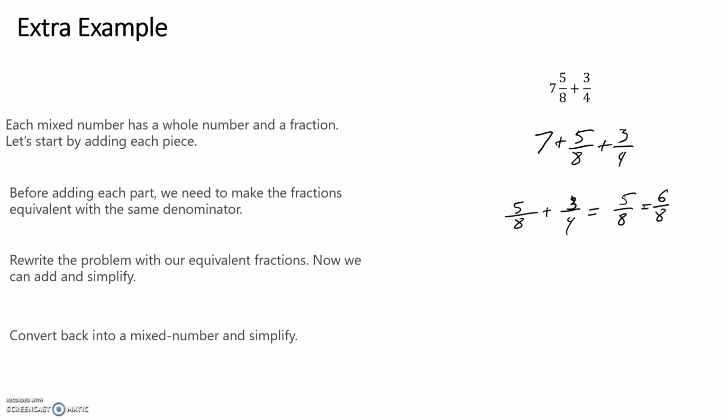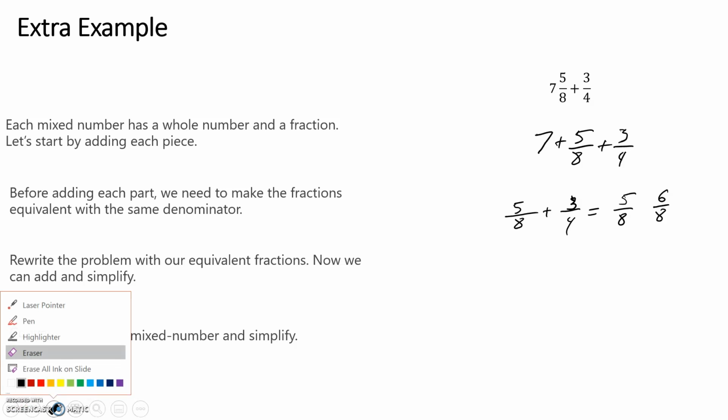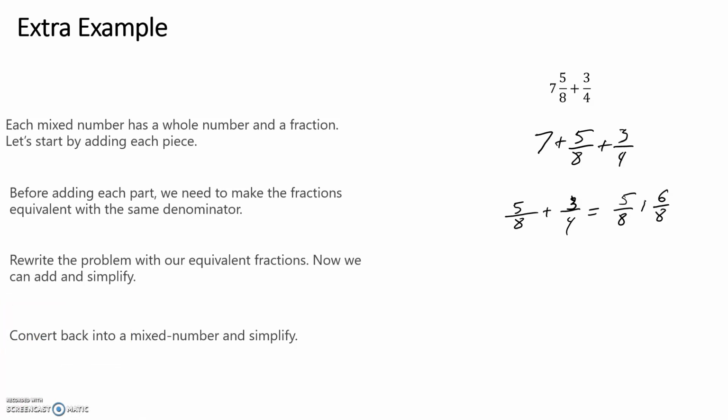Okay, now I'm going to rewrite the equation: 7 plus 5/8 plus 6/8, and that's going to get me 7 and 11/8.